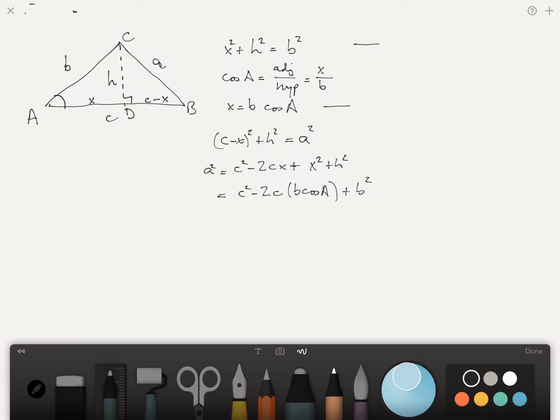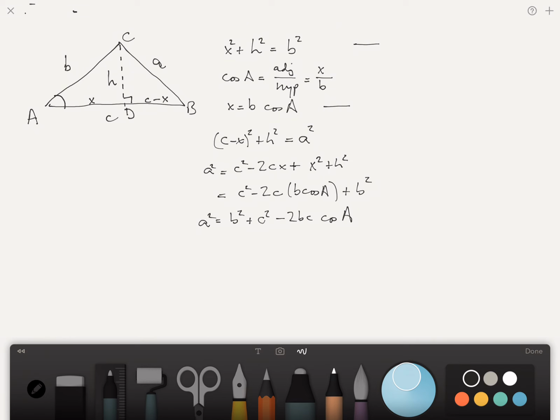So out come all the pieces that we have to say that a squared is b squared plus c squared minus 2bc cosine A. So the law of cosines pops out, for an arbitrary triangle, from the definition of the cosine and a couple of artful applications of the Pythagorean theorem after we've built these left and right triangles inside.